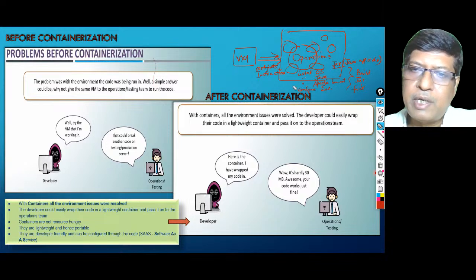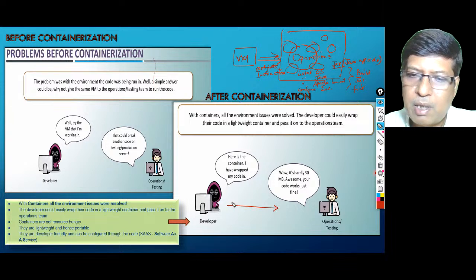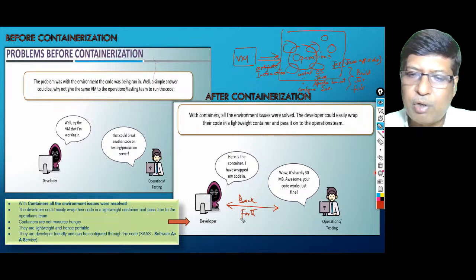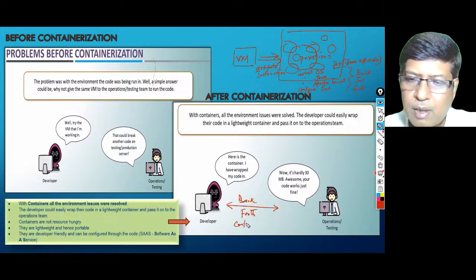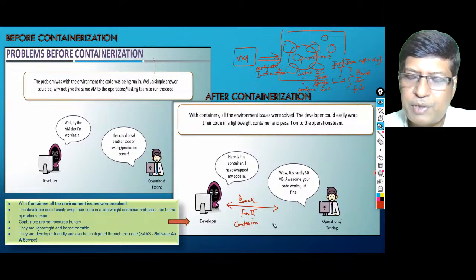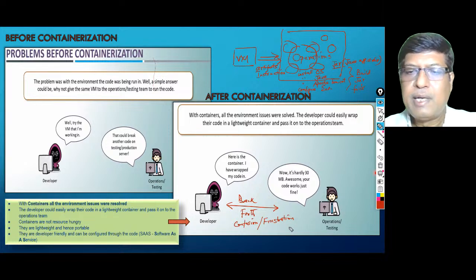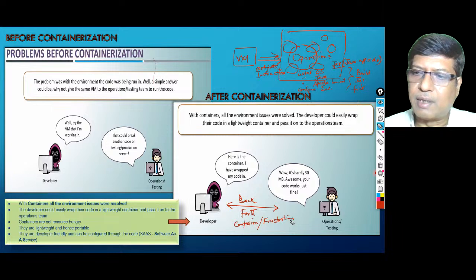There will be a lot of interaction between the development guys, and they will come back and forth. It will go here and there, and finally there will be a lot of confusion. And I know because we have gone through all these things, confusion and a lot of frustration.